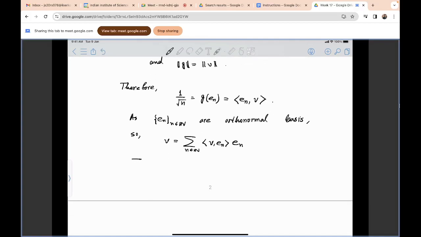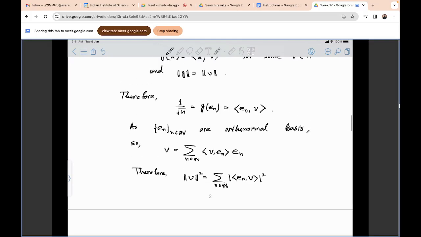So therefore the norm of v: as the En are orthonormal, using the orthogonality, norm v square will be the sum over n belongs to N of the mod square of En comma v. So this is the norm of v.